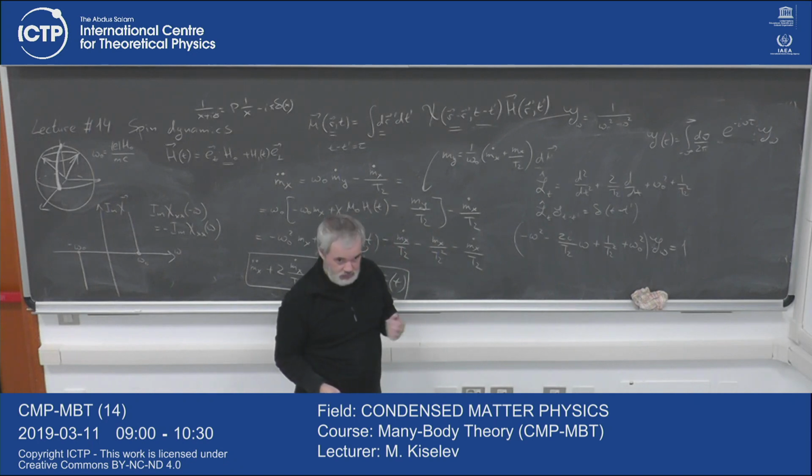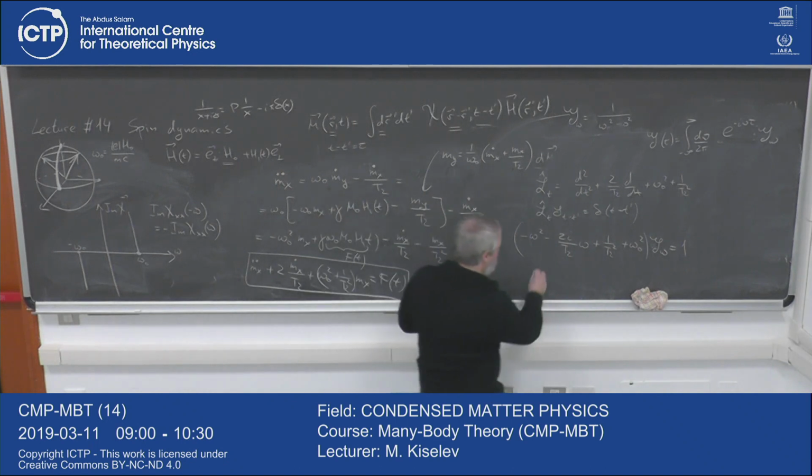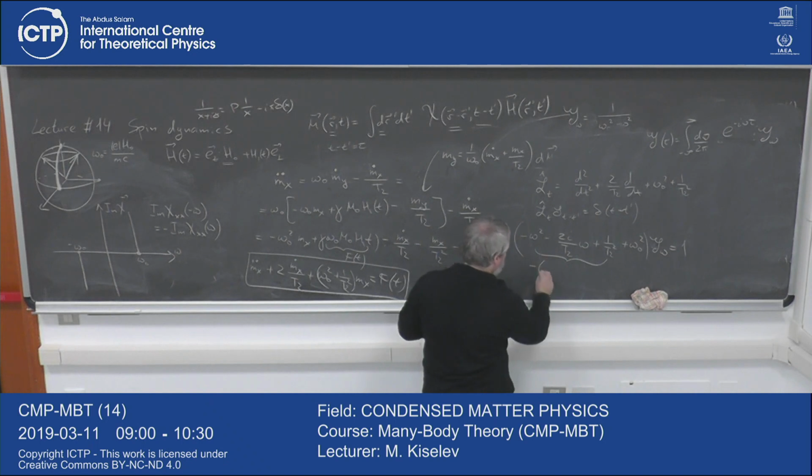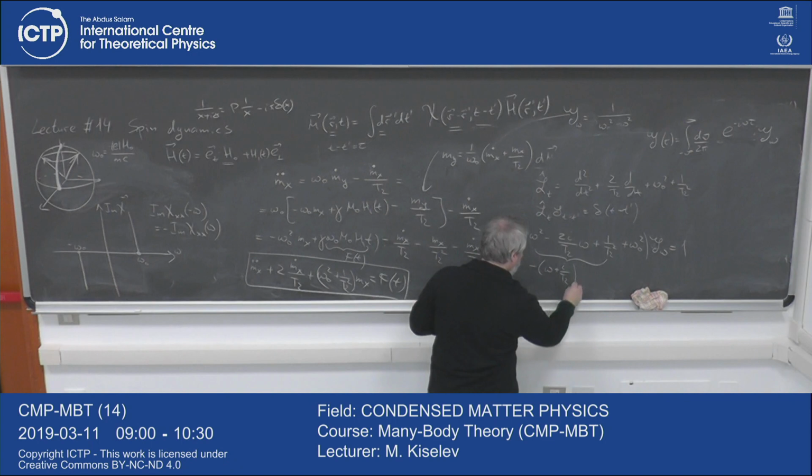Okay? You understand what I did? So what is that? This is nothing but minus omega plus i over T2, squared.